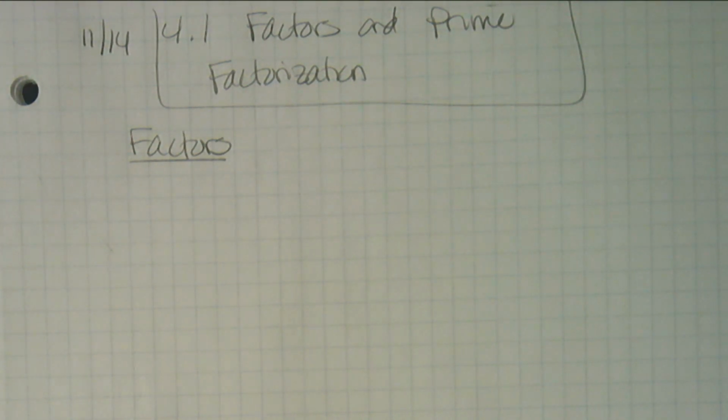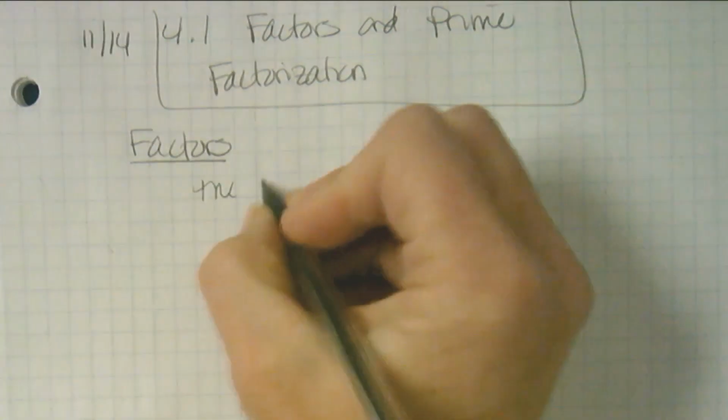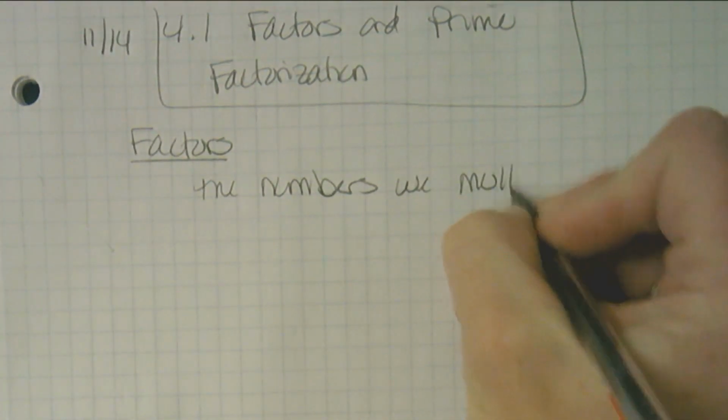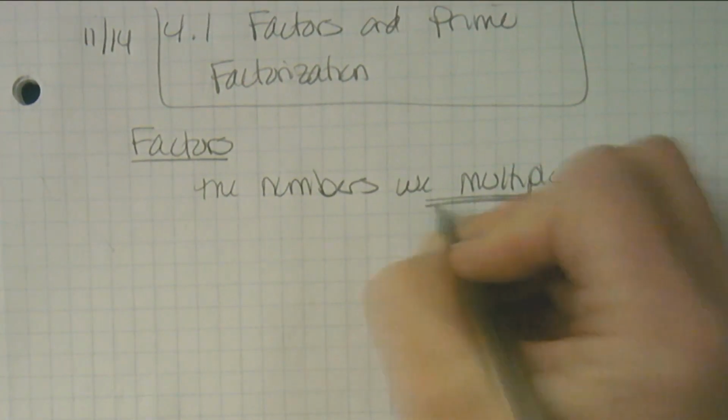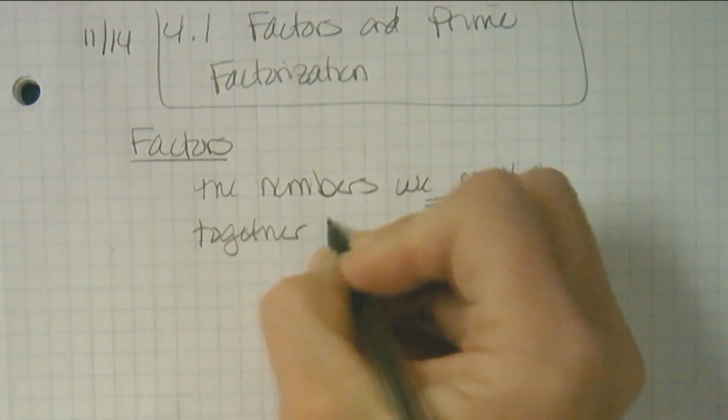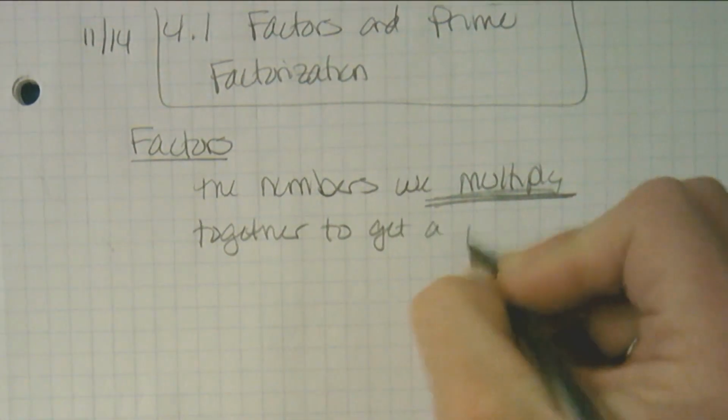Okay. Cameron? Exactly. Factors are the numbers we multiply together. So factors go with multiplication, multiplied together to get a product.